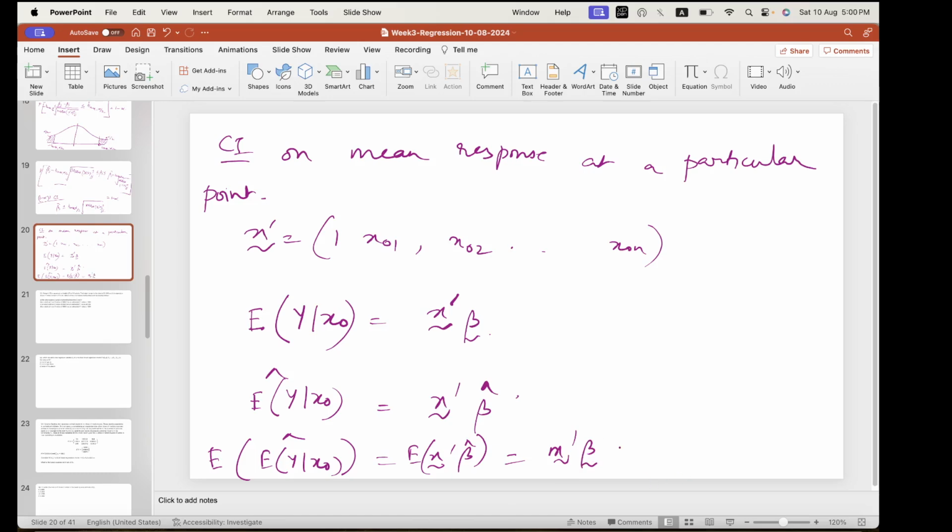So this is an unbiased estimator of this quantity. This is nothing but y hat. So from here we get that y hat is an unbiased estimator of y.